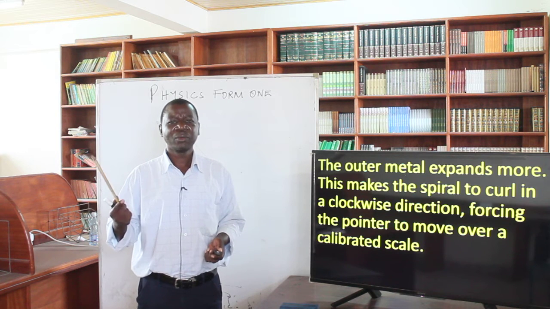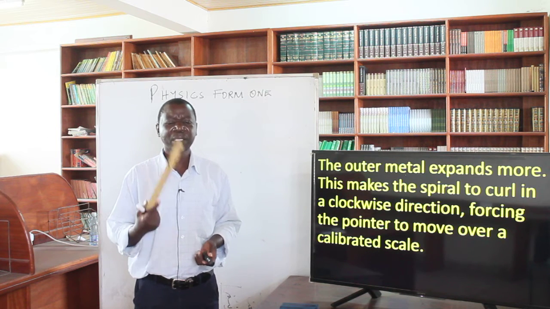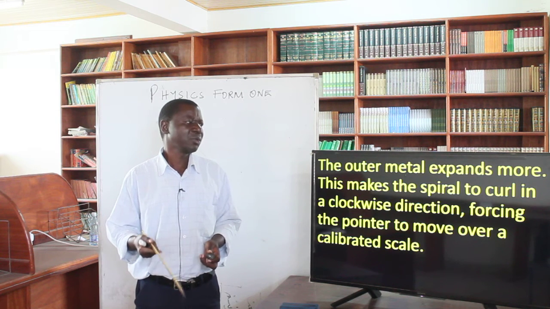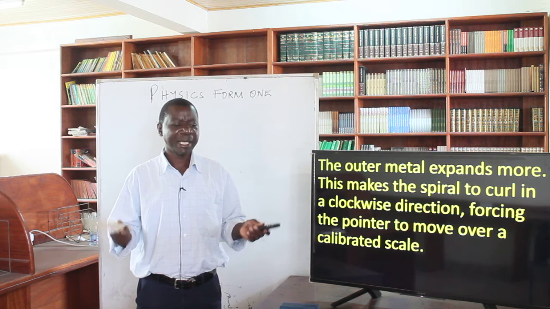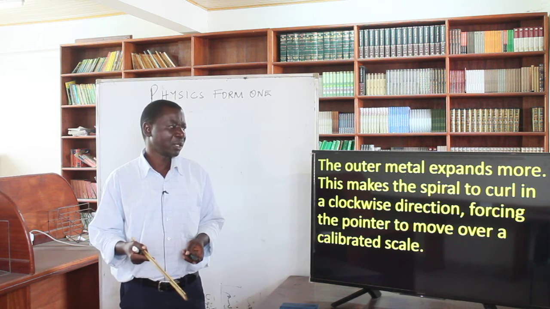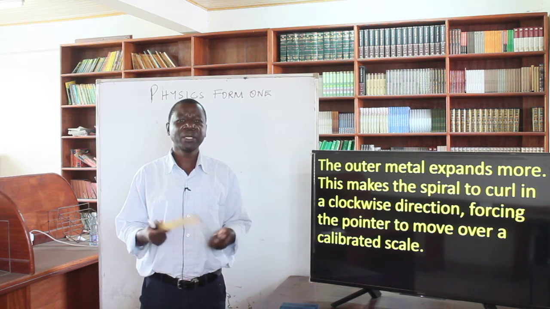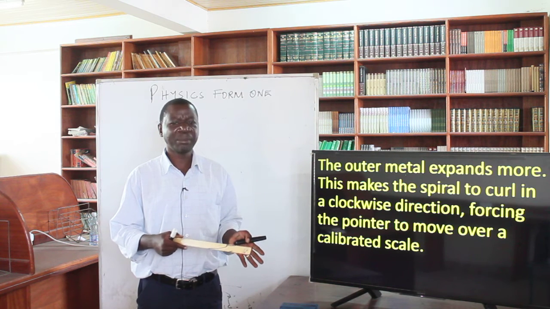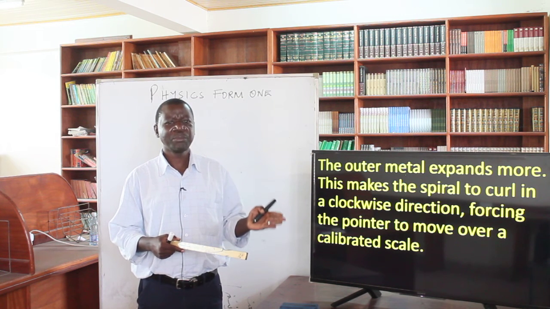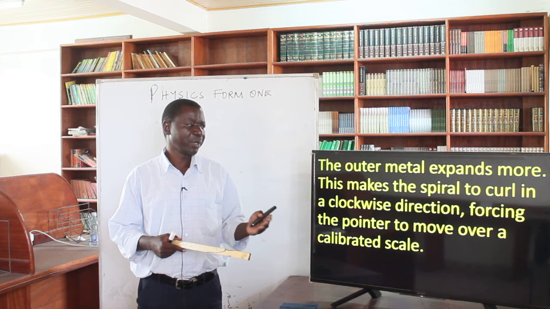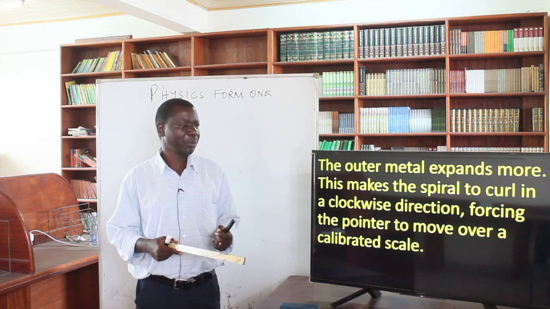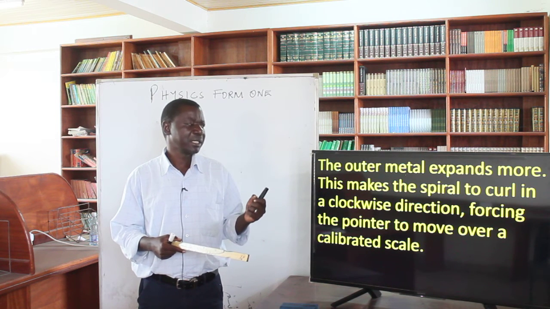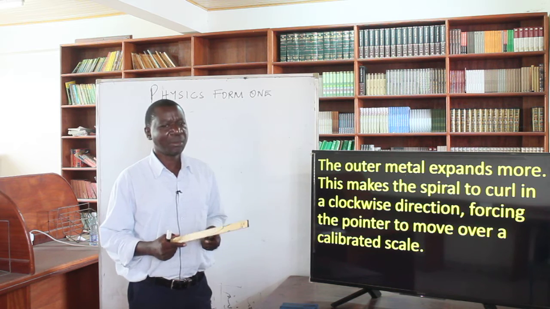The electric wires are hung loosely so that there is an allowance for contraction. And now we have looked at how all this can be applied in measuring temperature, with two types of thermometers, the liquid in glass thermometer and the bimetallic thermometer.